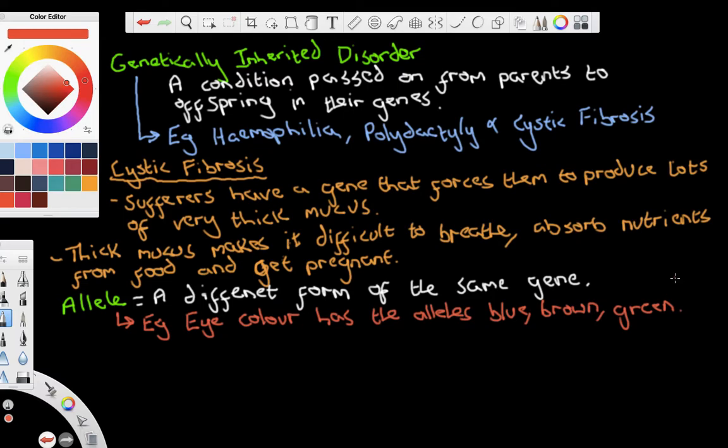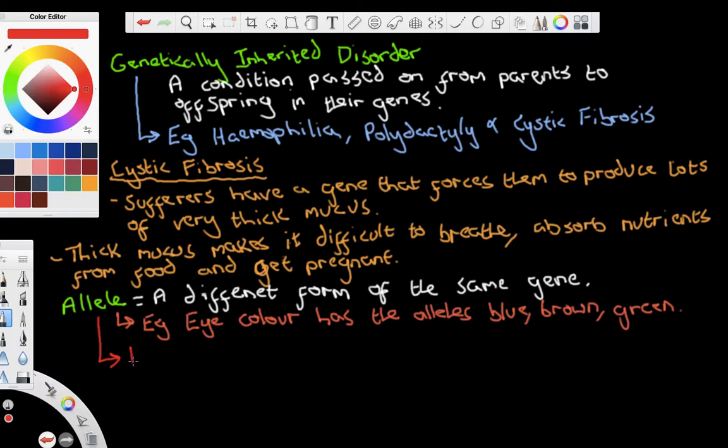We can add underneath allele, before we move on to that, that for each gene you get one allele from your mum, one allele from your dad, okay?